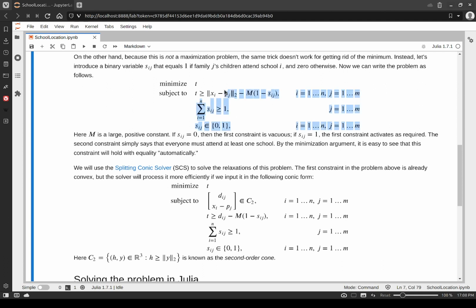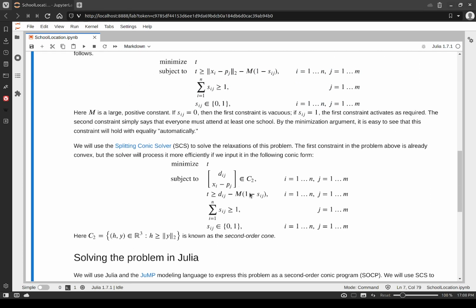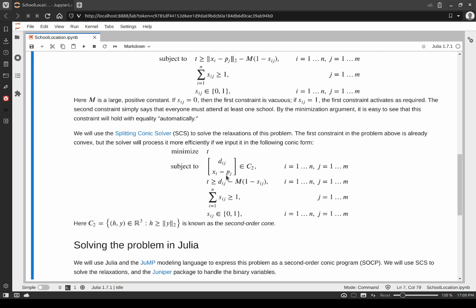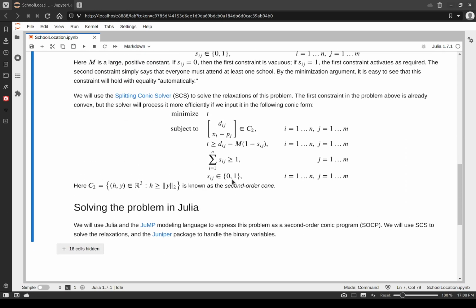And then we just replace the norm here with dij itself down in the previous constraint. And now we have an equivalent program that is formulated in a nice kind of conic way that later on we will see is very easy to notate in our JuMP optimization language.